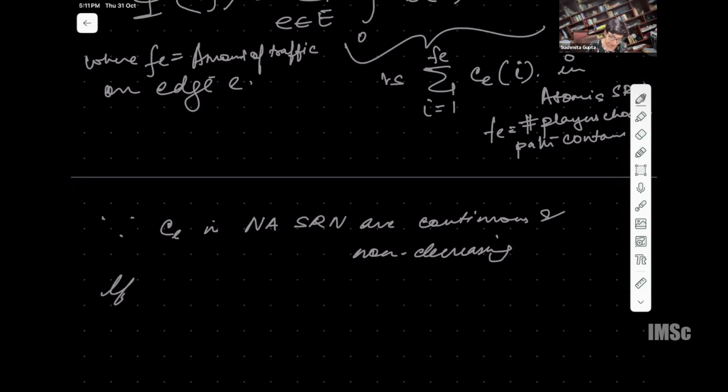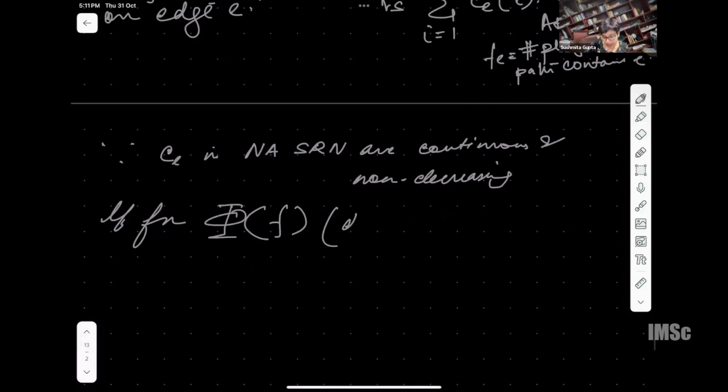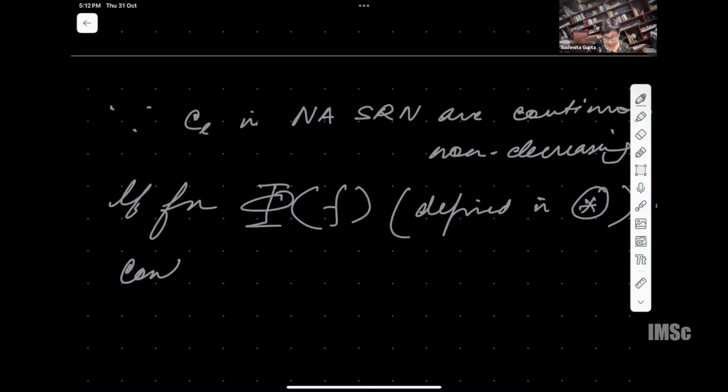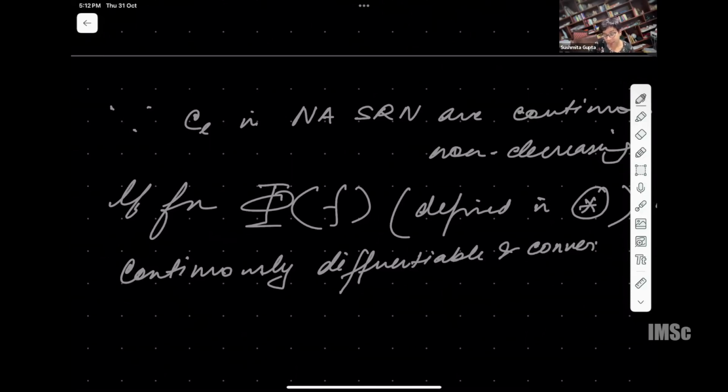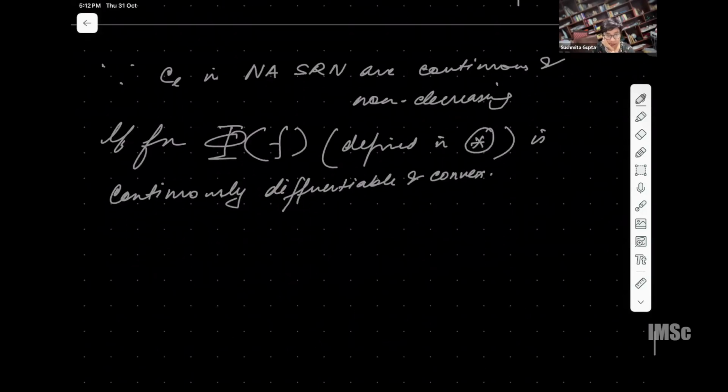The function phi f star is continuously differentiable, and these things are needed to show differentiability for the entire calculus proof to go through, where we get to the same conclusion that the function phi has a minimizer, and that minimizer gives you an equilibrium flow. These things play a role there.